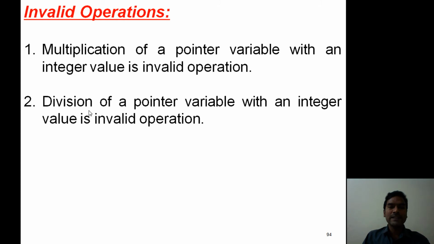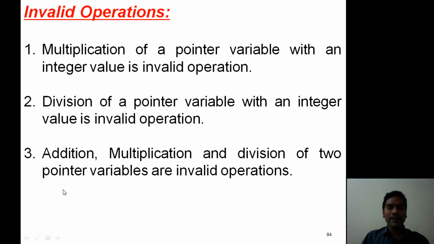Next one, division of a pointer variable with an integer value is an invalid operation. Another one, addition, multiplication and division of two pointer variables are invalid operations. In this case, both operands are pointer variables. So these are all invalid operations.